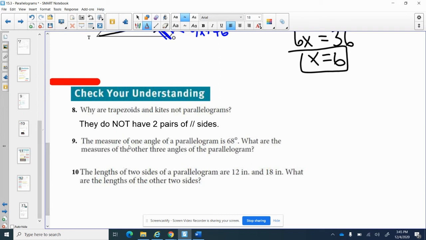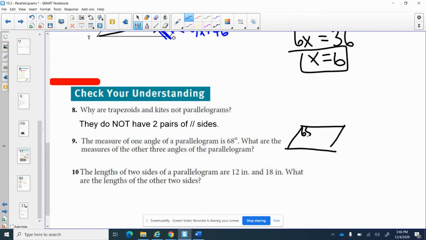So number 9 then, this next piece talks to us about the measures of angles. If we know one angle in a parallelogram has 68 degrees, what are the measures of the other 3 angles? Well, if one of them is 68 degrees, we know the opposite angle has to be the exact same size, right? Opposite angles are congruent, so they're both 68.